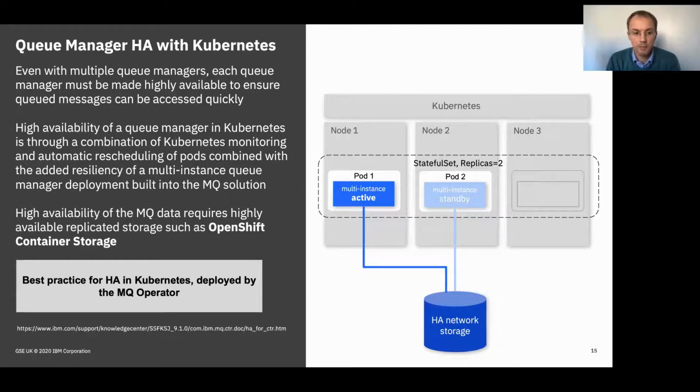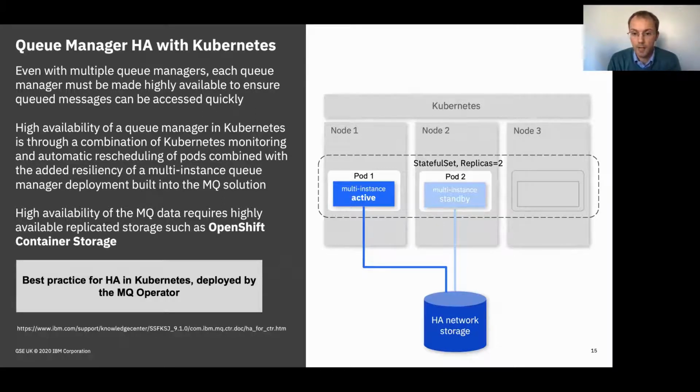But Kubernetes is very defensive in how it does that, especially for stateful containers such as MQ. So to avoid the situation where Kubernetes will not restart the container because it doesn't know if it's actually running on a node that it's lost connectivity to, you can use a multi-instance queue manager solution at the same time to provide you with increased availability for your queue managers.